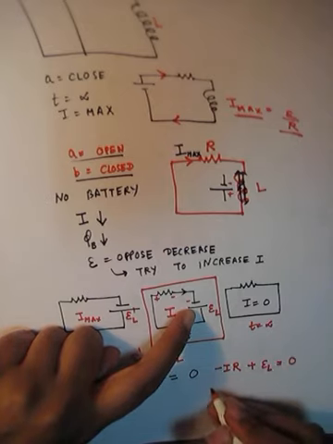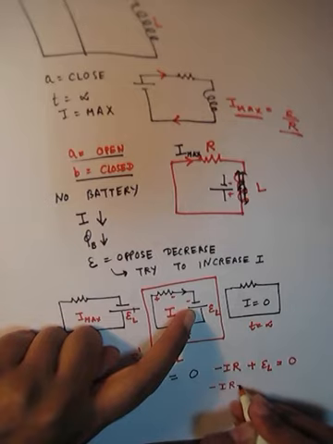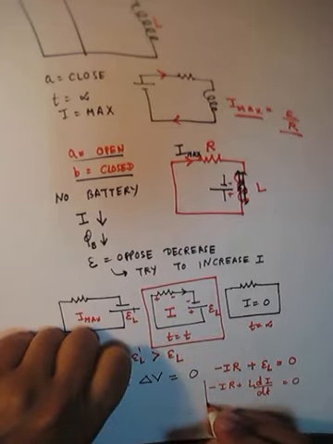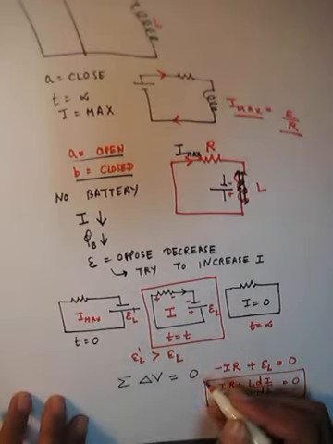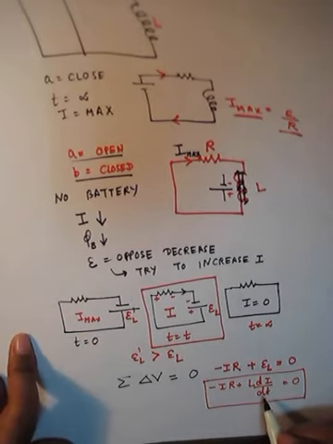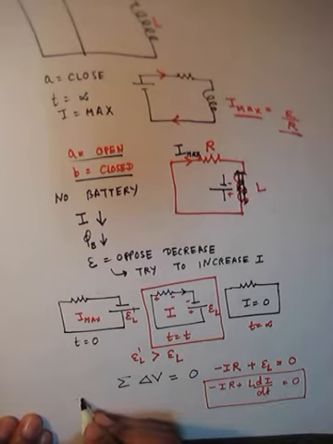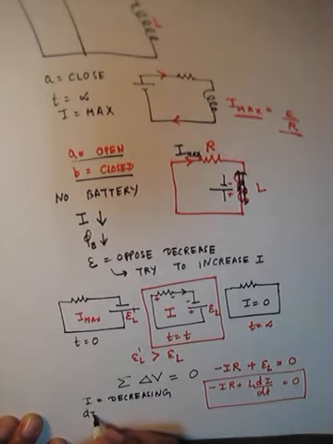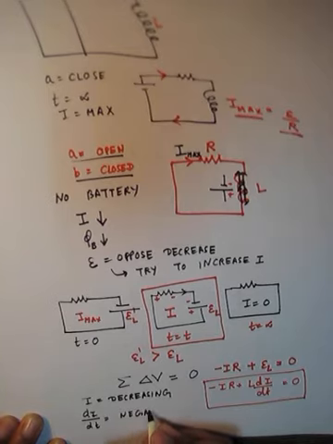Or minus IR minus plus L di upon dt equals 0. Now in this equation we need to understand something. This di upon dt is for a decreasing current, because the current is decreasing. So di upon dt should be negative.